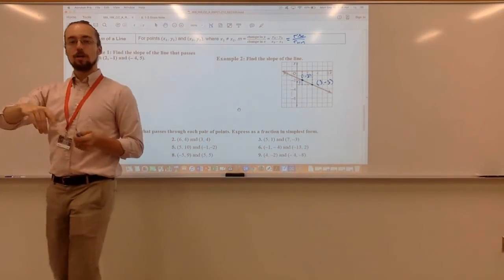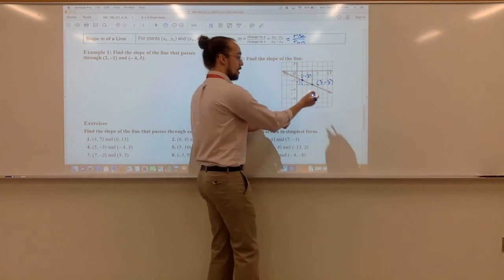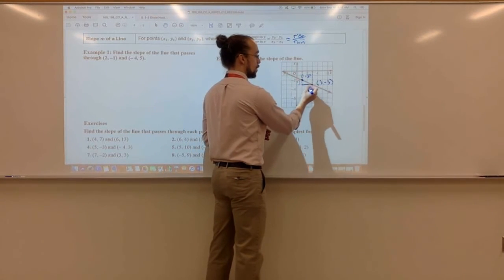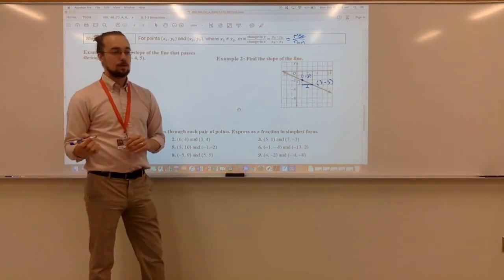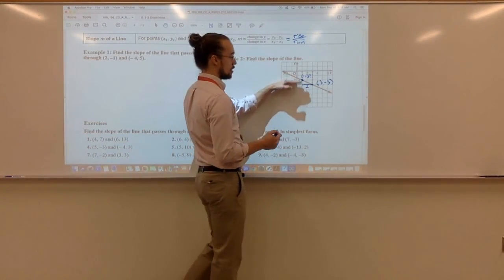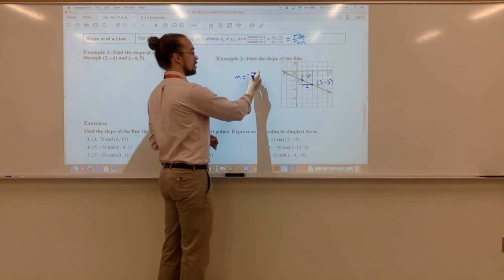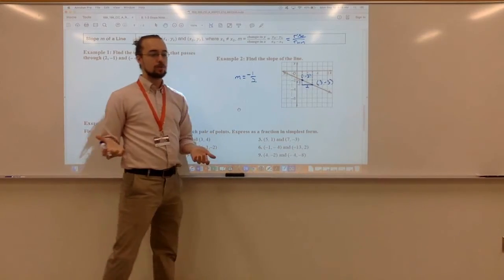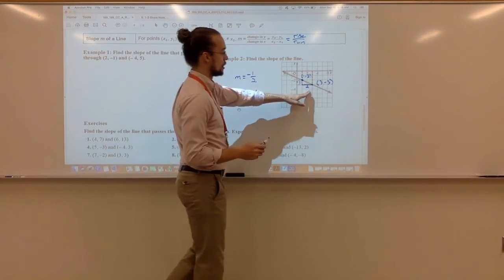I go down 1. Then I go to the right 2. Change in y over change in x. So my slope is just negative 1 over 2.